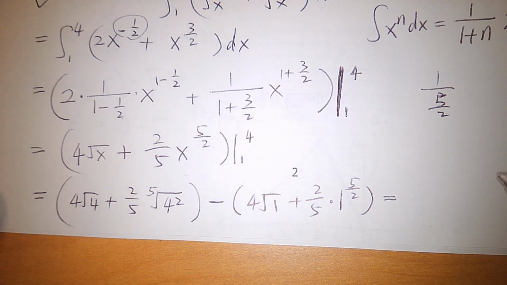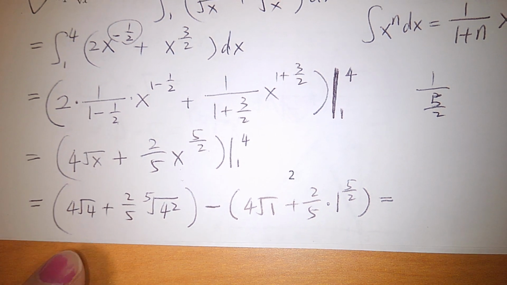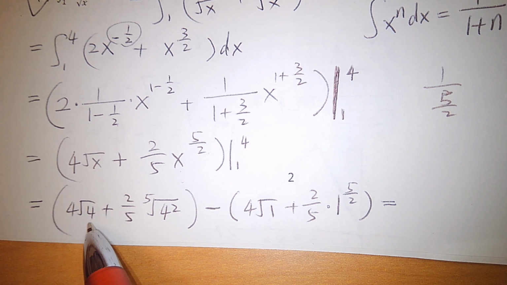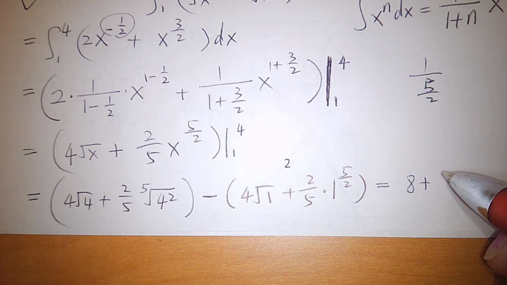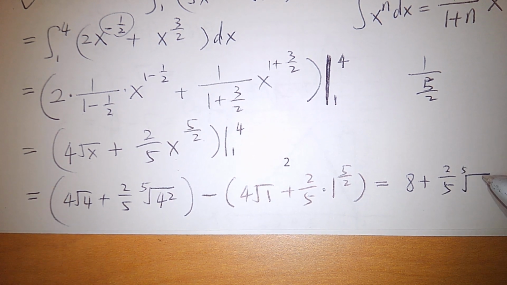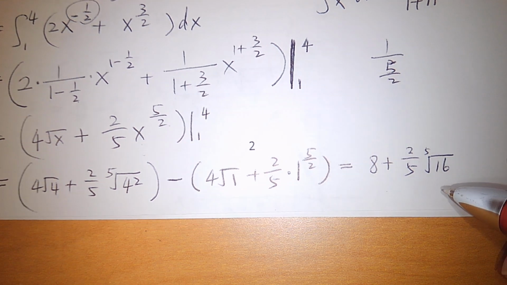Let's see what this gives us. The square root of 4 is 2, right? 2 times 4 is 8. Plus 2/5 times the 5th root of 16. There's no way we can get rid of the 16, because 16 is 2 to the 4th power and the index is 5, so 16 is kept under the radical.